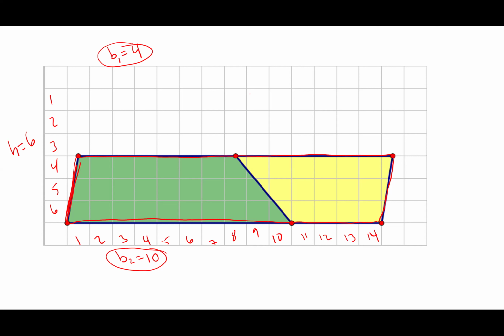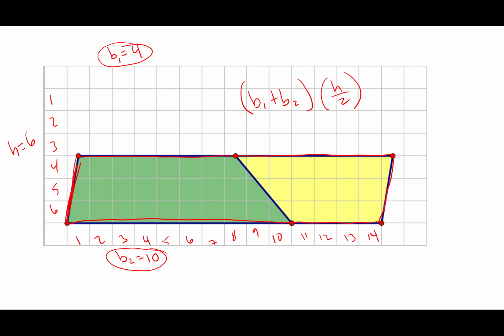So all I did was base 1 plus base 2, I add them. I noticed that the height gets cut in half, so I'm going to go the height divided by 2. And then what do we do with parallelograms? Didn't I say last time parallelograms are treated like a rectangle? So just multiply those, and that will give me the area.